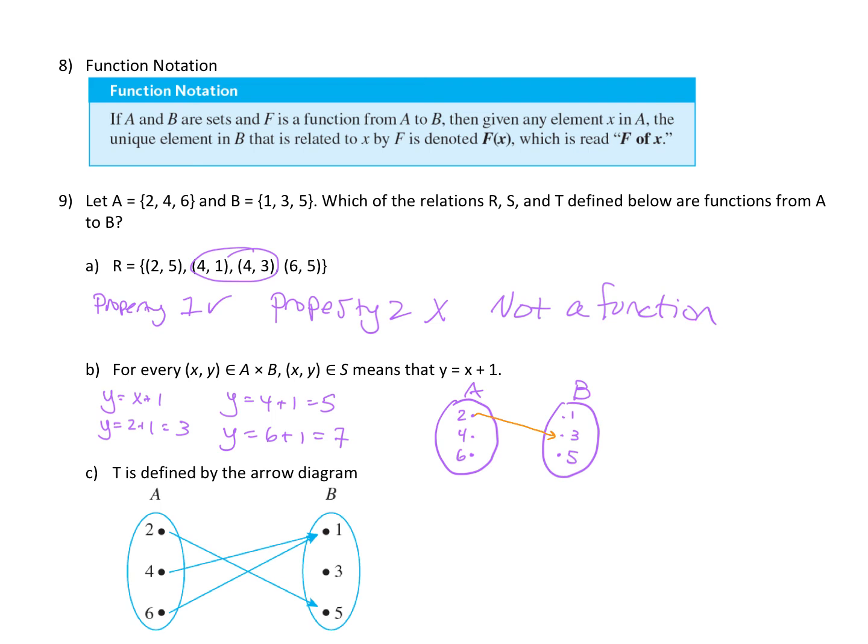When I plug in 4, I get 5, so I do 4 to 5. And then 6 is supposed to go to 7, but 7 is not in the codomain, because 7 is not an element of B. So this is not a function.